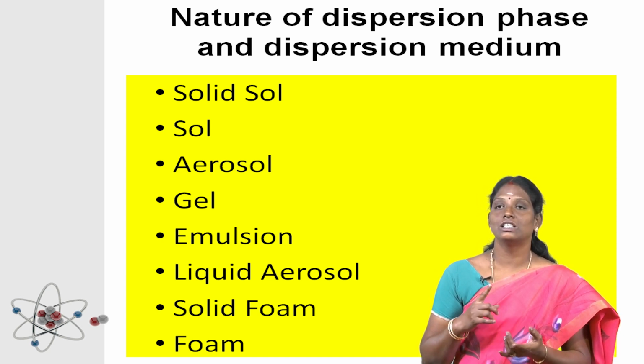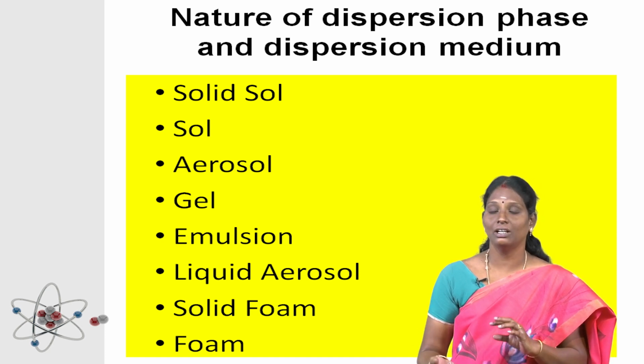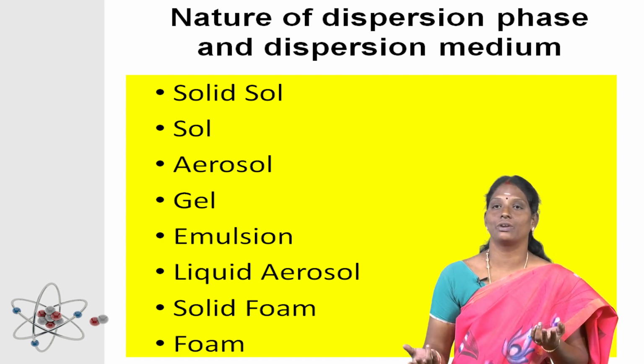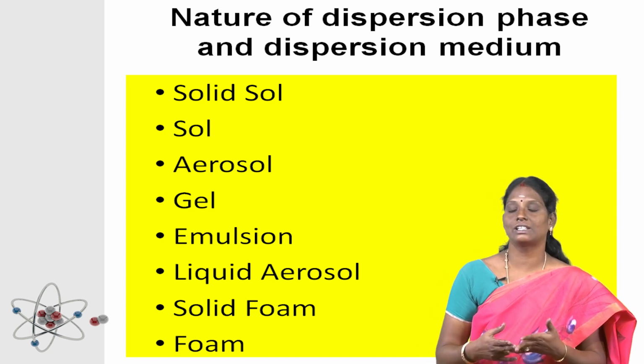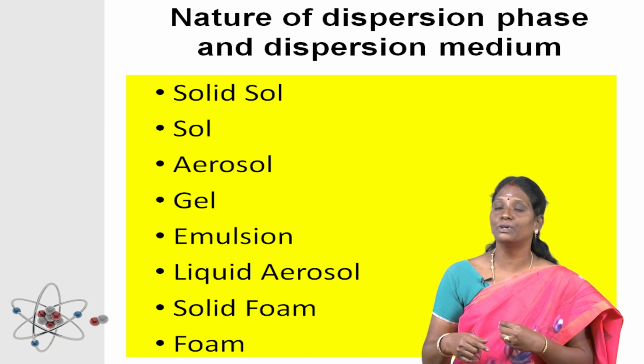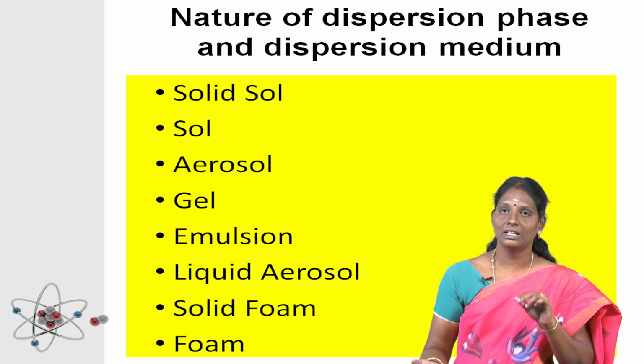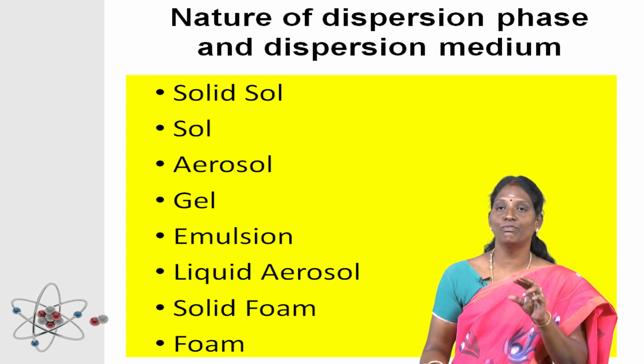When the dispersed phase is gas and the medium is liquid, it is called a liquid aerosol. Examples are mist and cloud. When the medium is gas and the dispersed phase is solid, it is called a solid foam.